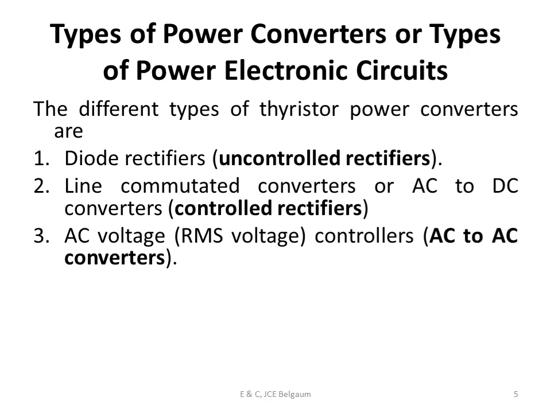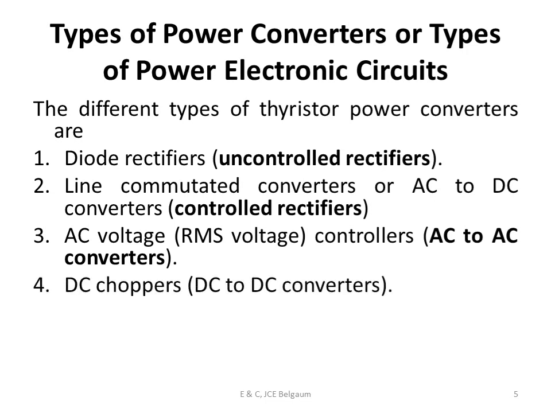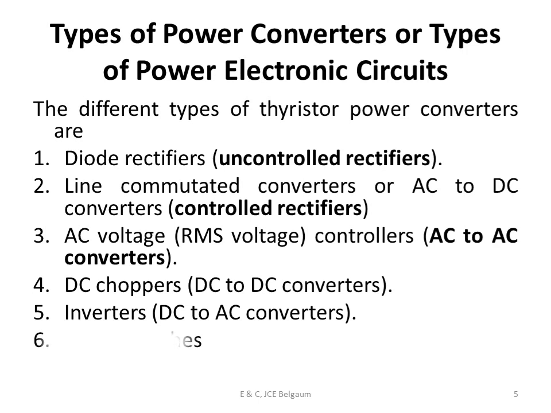Again you are getting AC only, but of a different AC value. Next is DC choppers, the DC to DC converter: input is DC, and output is also a variable DC voltage. Next are inverters, which convert DC to AC. And last we have the static switches.